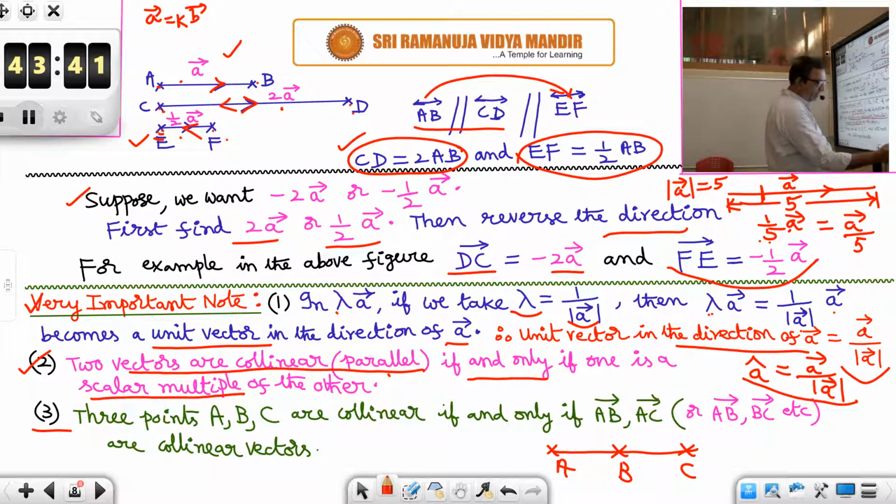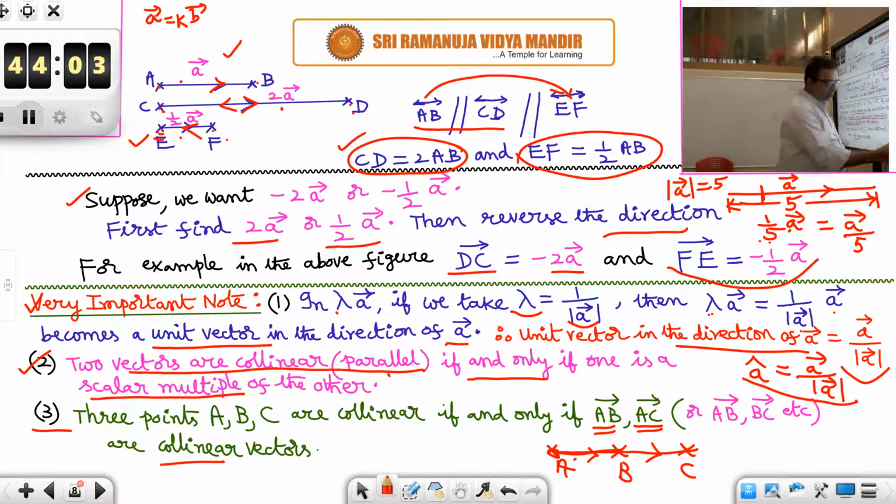If you consider the vector AB bar, AC bar, AB bar, this vector, AC bar from A to C, this vector, they are collinear vectors. They are lying on the same line, is it not? So, ABC are collinear points if and only if the vectors AB bar and AC bar are collinear vectors.